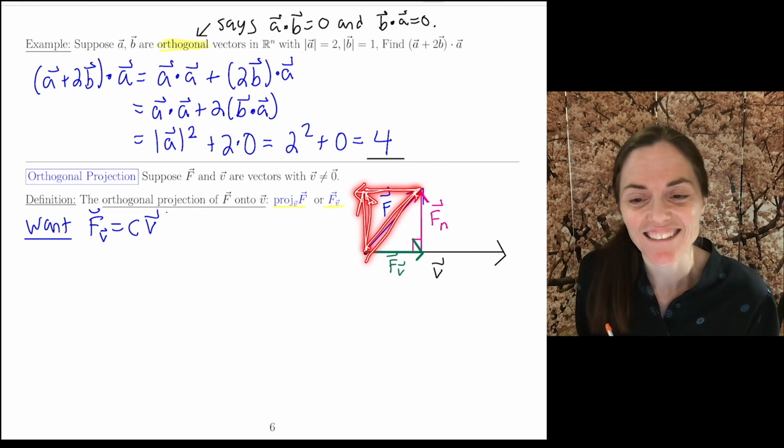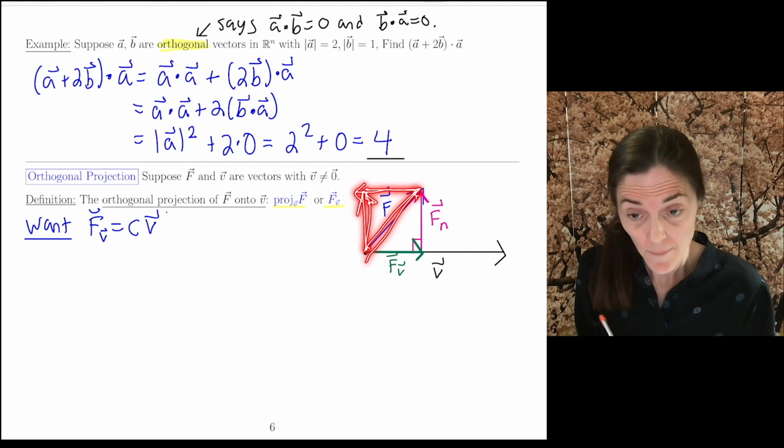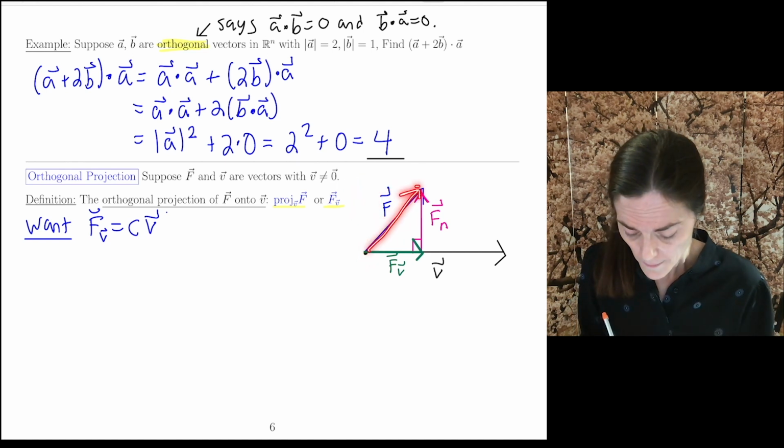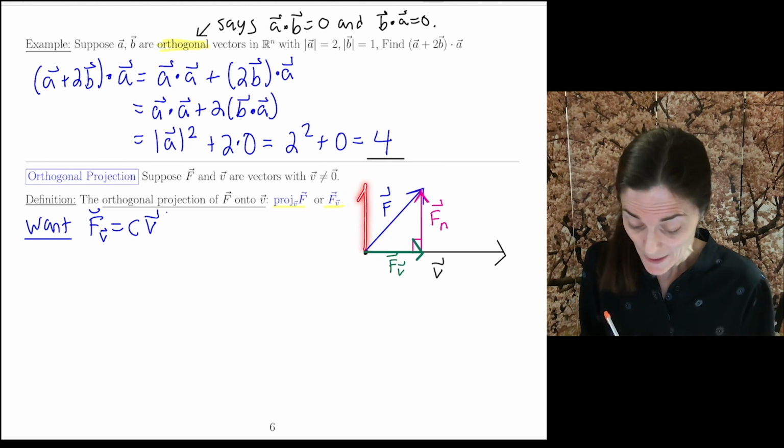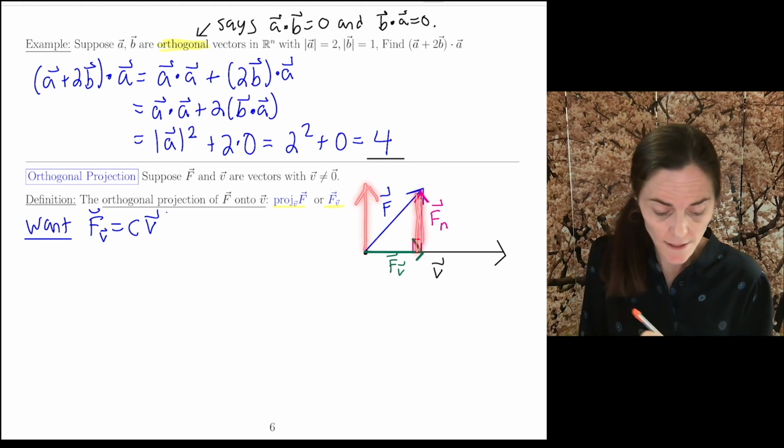This is this vector. f sub n is f minus f sub v, which is exactly this vector.